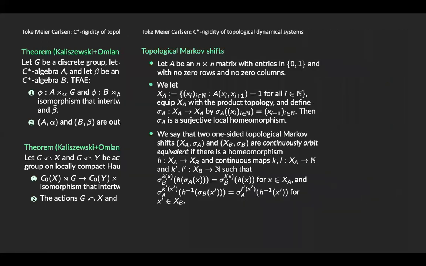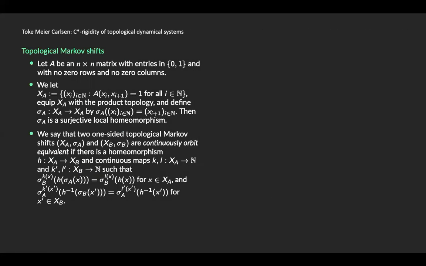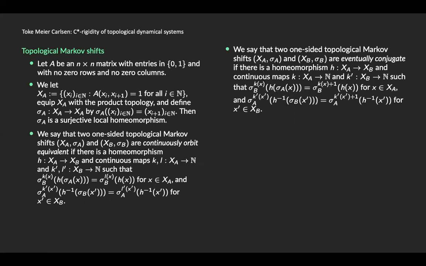I want to introduce another notion of equivalence of one-sided topological Markov shifts. So we say that two one-sided topological Markov shifts are eventually conjugate if they are continuously orbit equivalent in a way such that we can choose l to be k plus 1 and l prime to be k prime plus 1. So here, instead of l, I've written k(x) plus 1, and instead of l prime, we have k prime(x prime) plus 1.